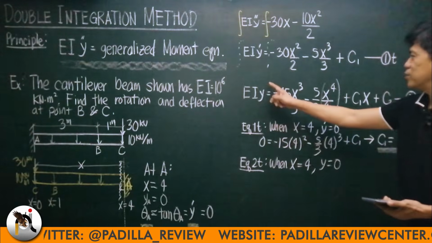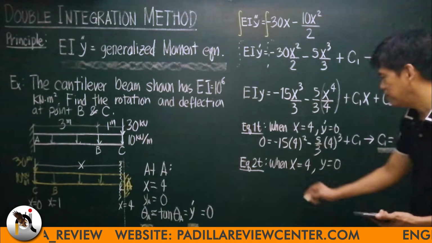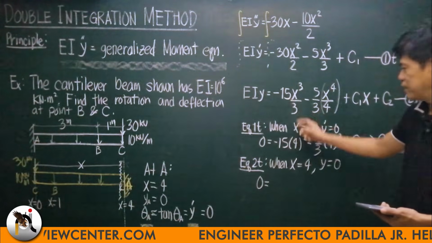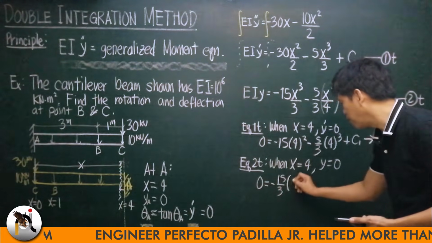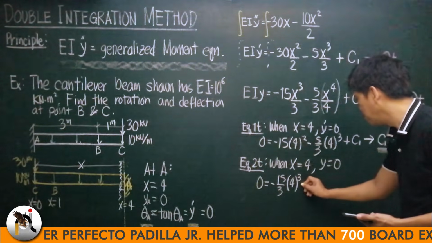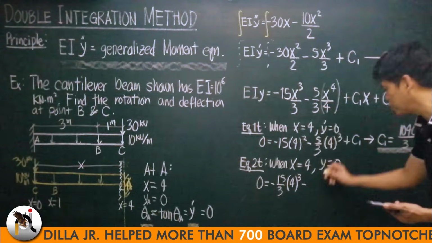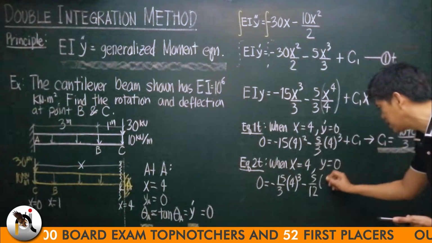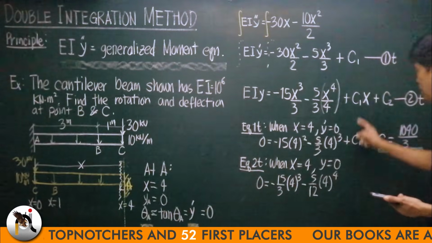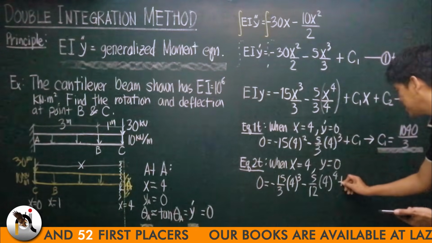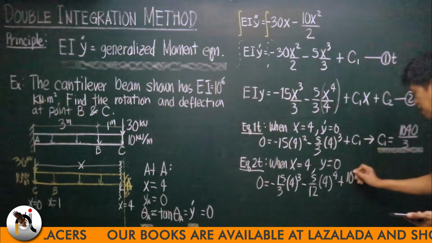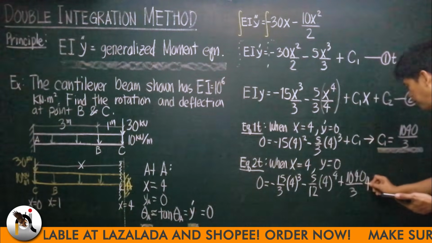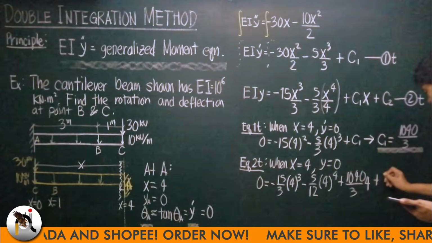So, substituting here, EI times 0, so 0 equals minus 15 over 3 times 4 cubed minus 5 over 12 times 4 to the 4th, plus C1 times x, where C1 is 1040 over 3 and x is 4, plus C2.